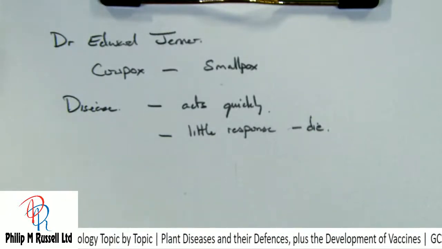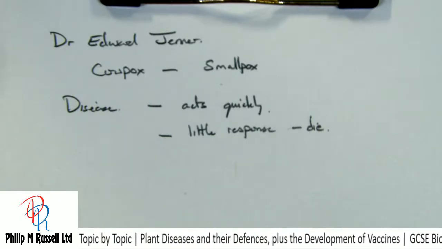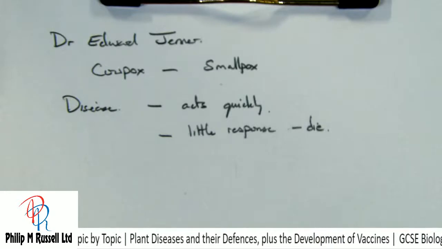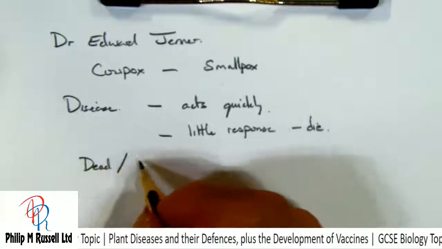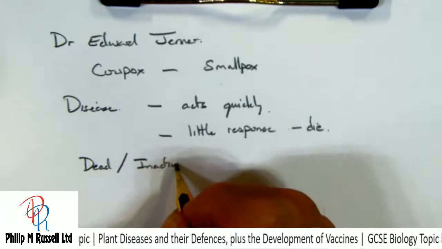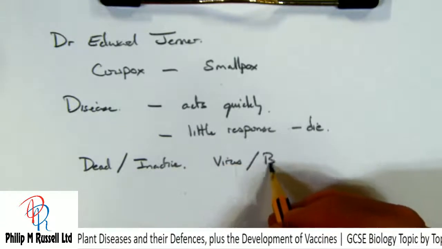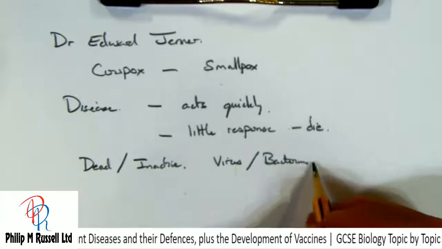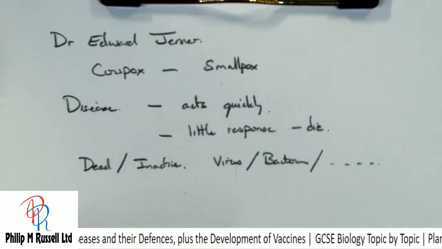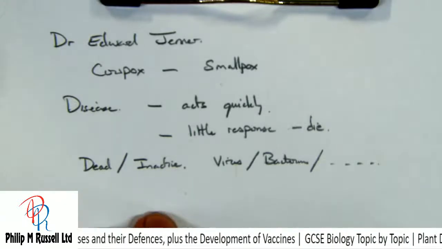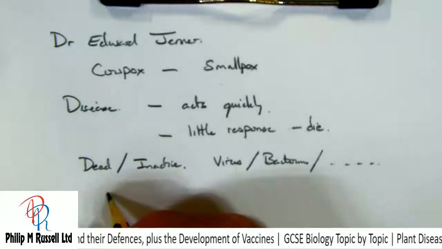So the idea behind a vaccine, which is sometimes called immunization, is that you are given either dead or inactive parts of a virus, or maybe a bacterium, or maybe something else, and this basically stimulates the white blood cells to produce antibodies.